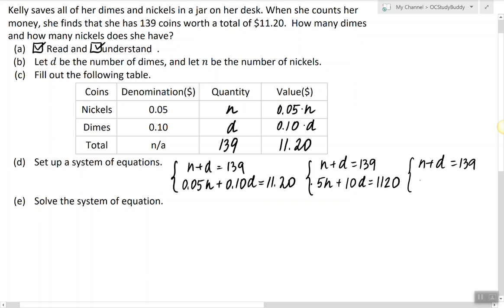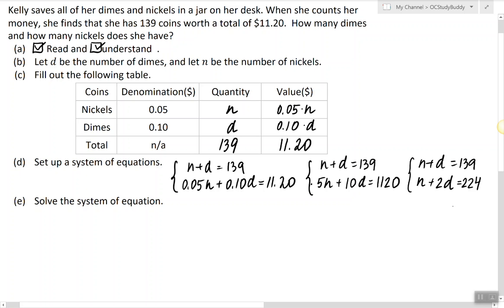So if I divide everything by 5, I'll have n plus 2d, and 1120 divided by 5 is 224.